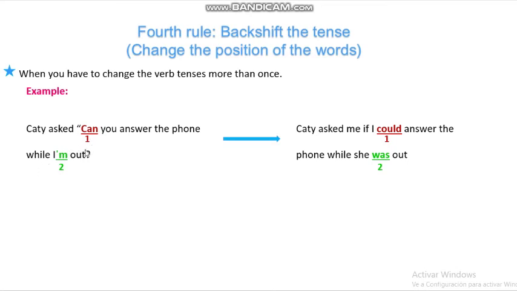We have two verbs, "can" and "am." So we have to change these two verbs. Katie asked me if I could answer the phone while she was out. As you can see, "can" changed to "could" and "am" changed to "was." So you have to change both verbs.